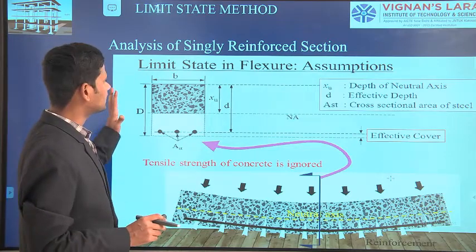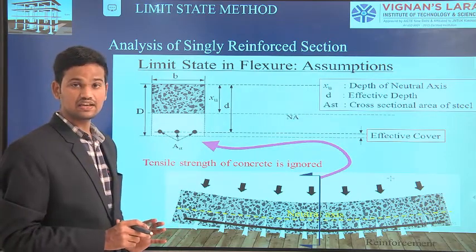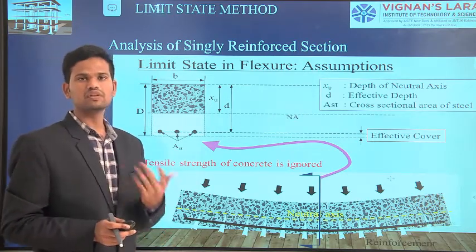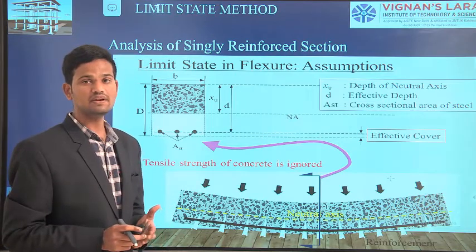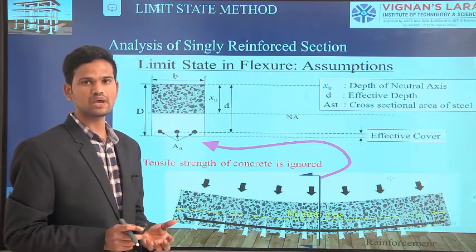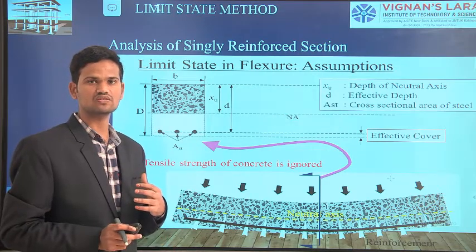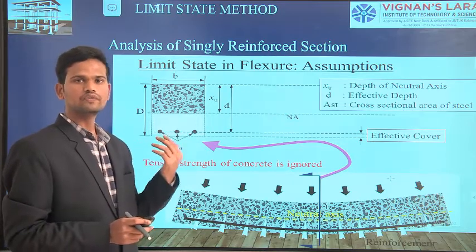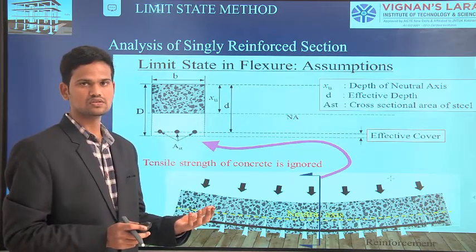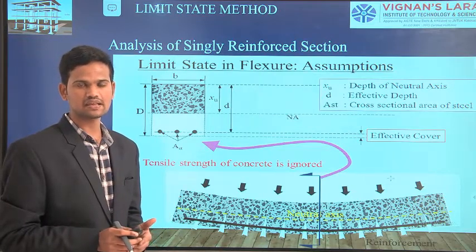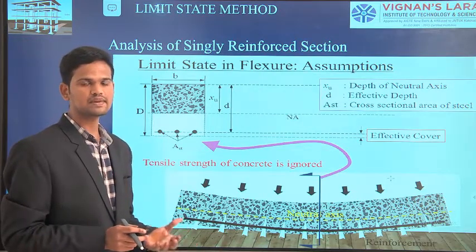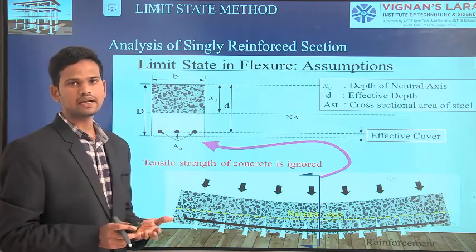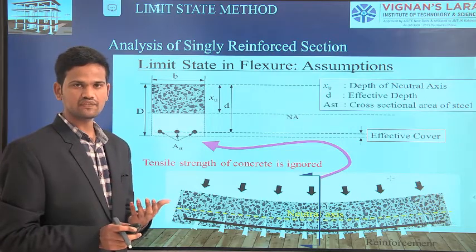And if you see here, this is the analysis of singly reinforced section under limit state of collapse under flexural condition. Before this class, we have discussed the limit state of collapse under flexural condition. We have seen the different types of assumptions given in the IS 456 code book. That is, a plane section remains plane before and after bending. The compressive strain in concrete shall be taken as 0.0035 under flexural condition.